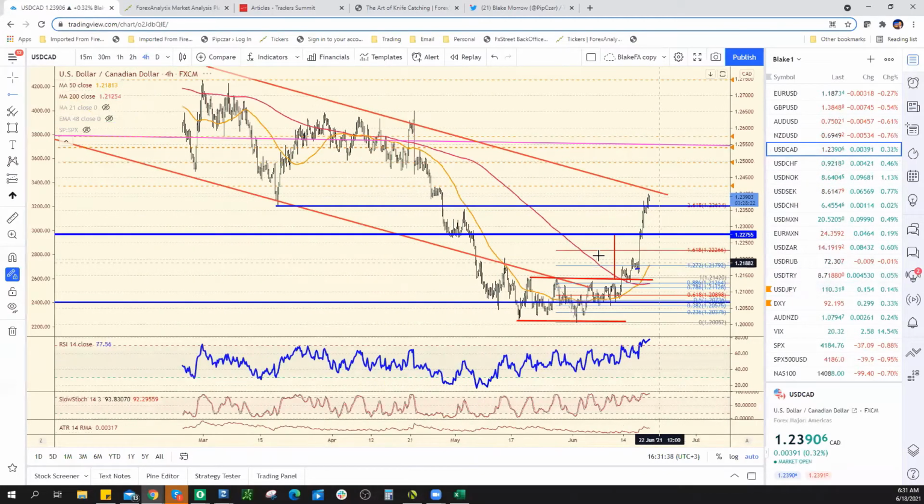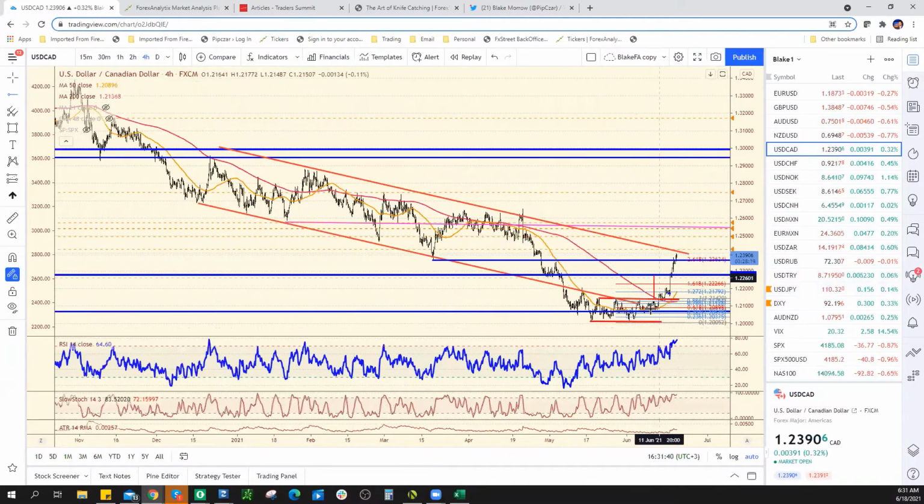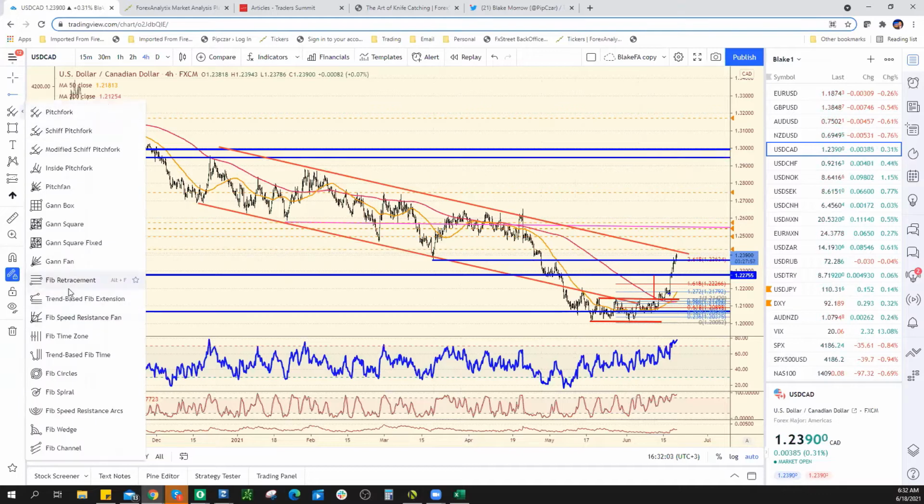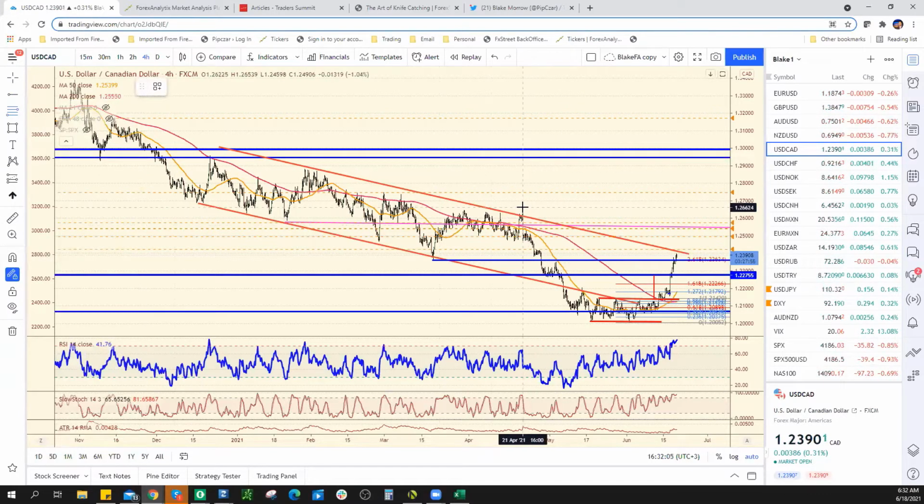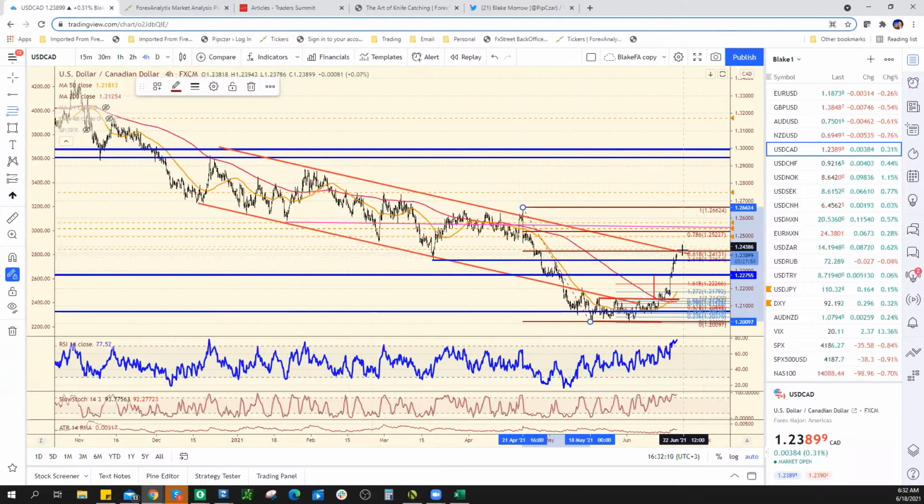Dollar CAD. This is a hell of a move, man. I did not expect us to go this far this quickly. My Canadian yen's looking great, but I took my dollar Canadian off almost 100 pips ago. What the hell, you know? So what we've got to do here, I would think you get some sort of consolidation soon, because there's a 618.